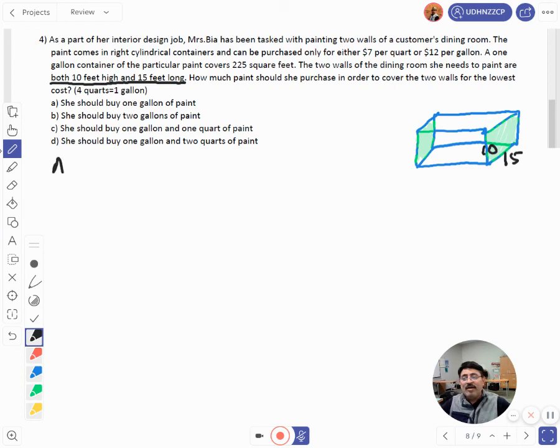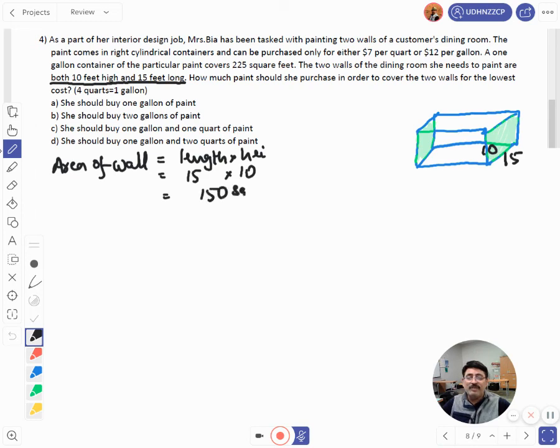So area of wall equals length times height. Let me plug in these values. 15 times 10 gives me, they're given in feet, therefore 150 square feet.